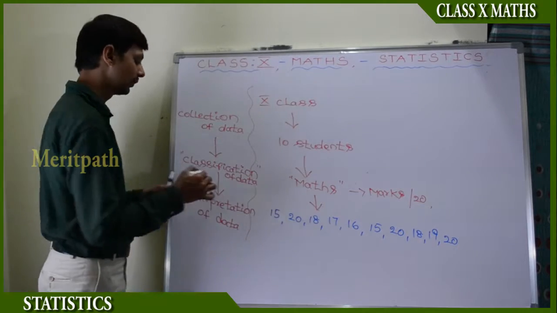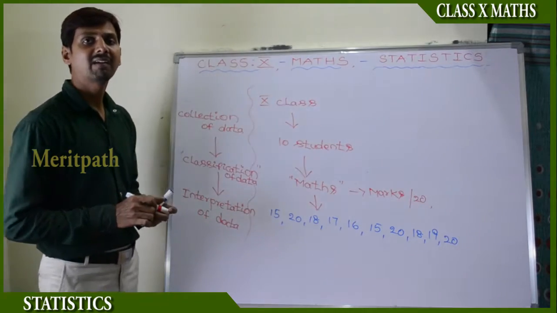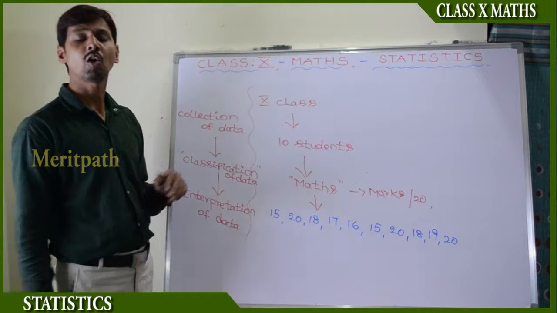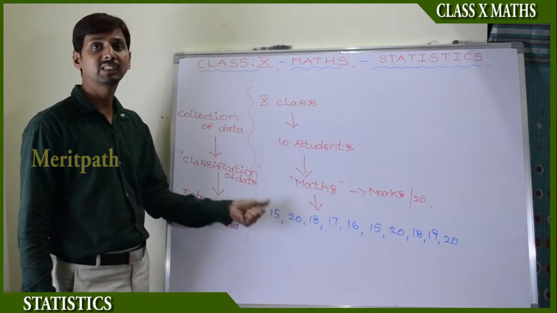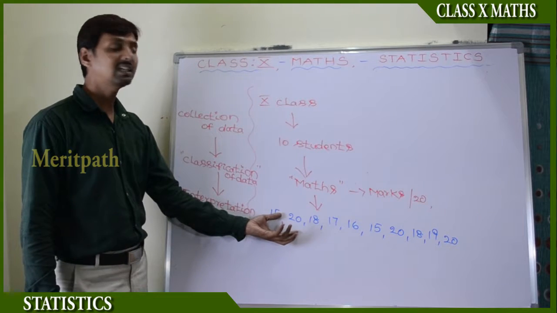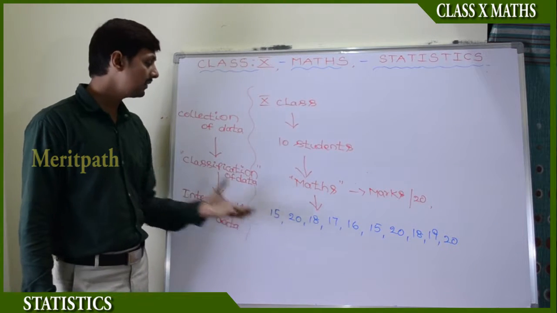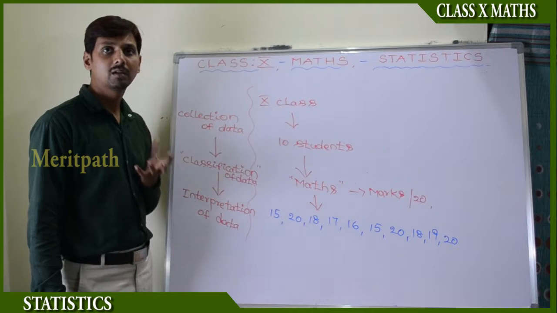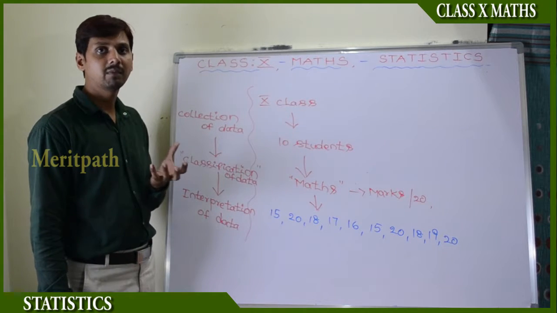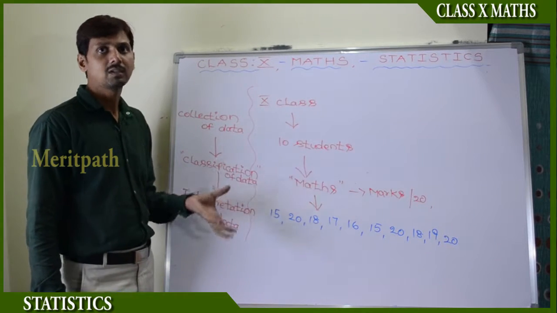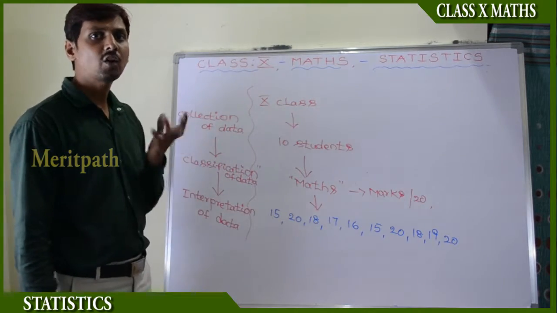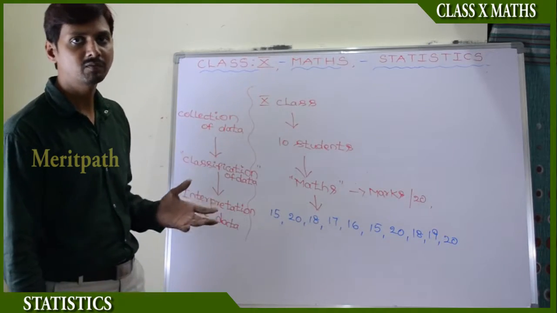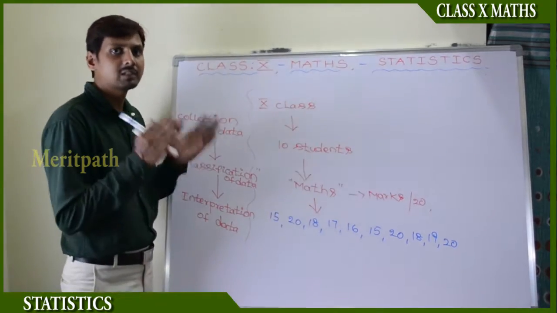So here we understood, we have collected some information, that is called collection of the data. After collection, we classify into some groups to understand how many of them got the range of 17 to 18, how many got 20 marks, and how many got some range of marks.